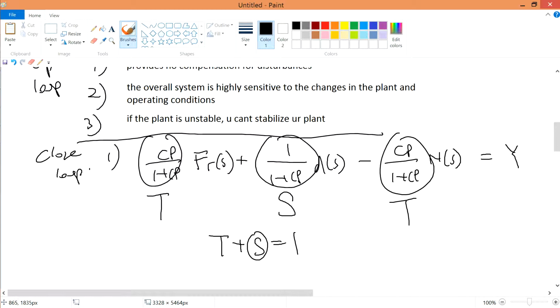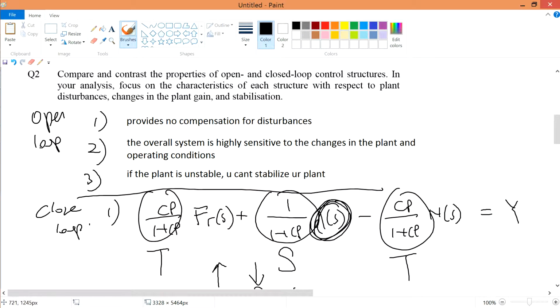So if you were to decrease S all the way, make it acceptably small such that your plant doesn't spoil, and your T is very high, this means that you're going to attenuate your disturbance, meaning you're going to make your disturbance very small. This is one way of doing it. You have compensation for disturbance already.